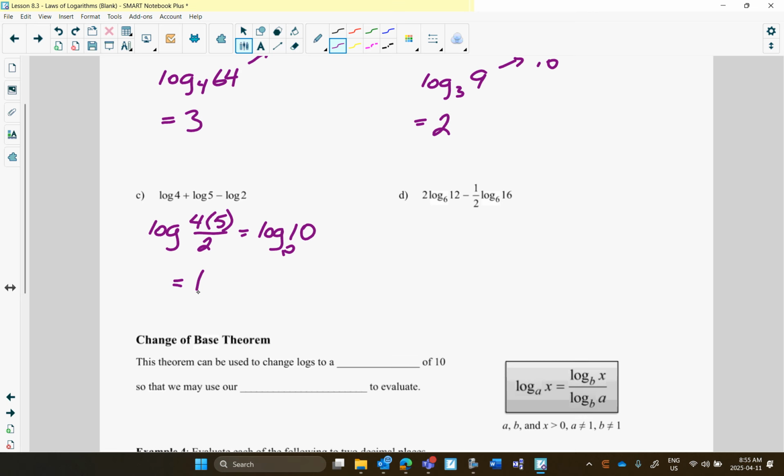This one, we've got numbers in front, so we have to put these as exponents first. So this is going to be log base 6 of 12 squared minus log base 6 of 16 to the 1/2.